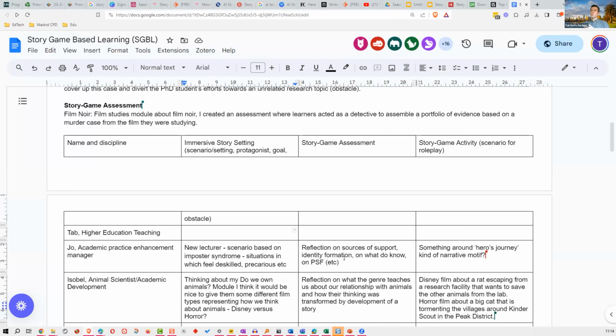The character has a goal and there are challenges that they face along the way, and you start from the end of the story and work backwards. So the way that you design a story is quite similar to the way that you design a course, and I think in some ways it's a more friendly way, because most people are familiar with stories. It gives people an easy way into thinking about learning design as well.